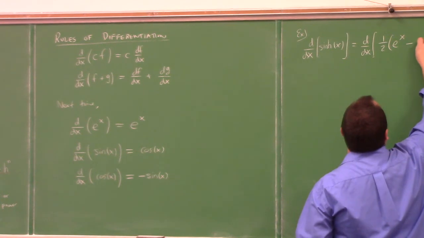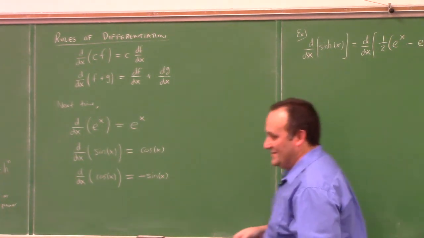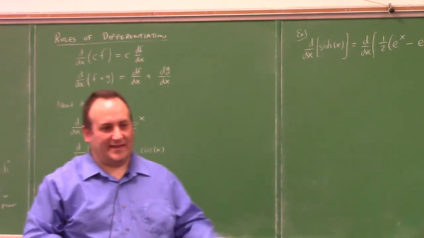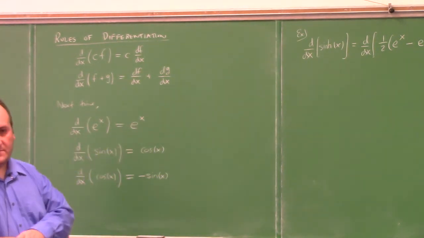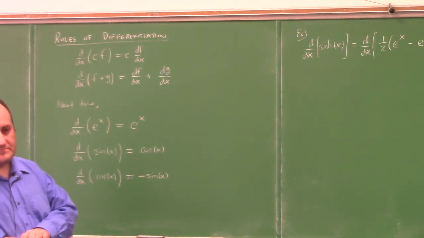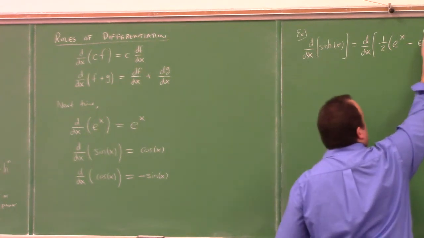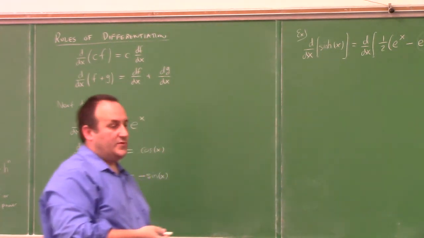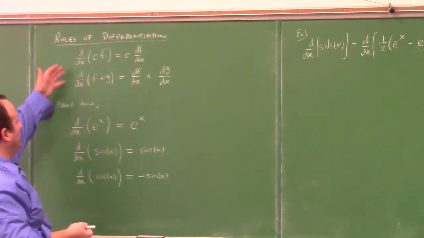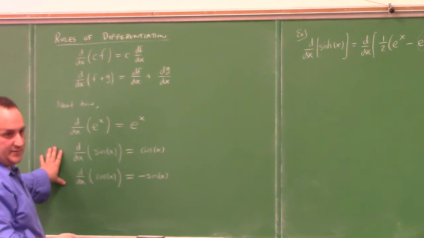You see the problem? I could pull the half out, but then I'd be stuck because we don't have tools yet to differentiate something like e to the minus x. So pulling constants out and the sum rule are our basic tools in our toolbox.